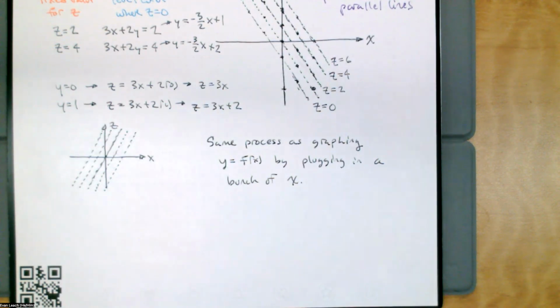Now, if you recall, we didn't want to have to plug in values all the time to figure out what stuff looks like. I need to be able to say y equals x squared, and everybody needs to picture a parabola right away. I need to be able to say x squared plus y squared equals 1, and everybody needs to picture a unit circle right away.